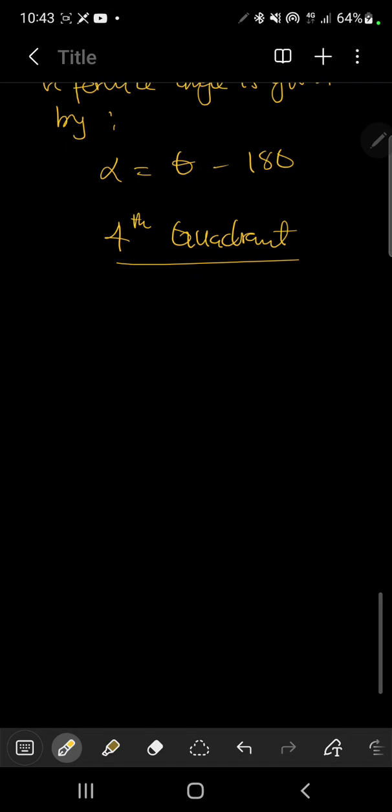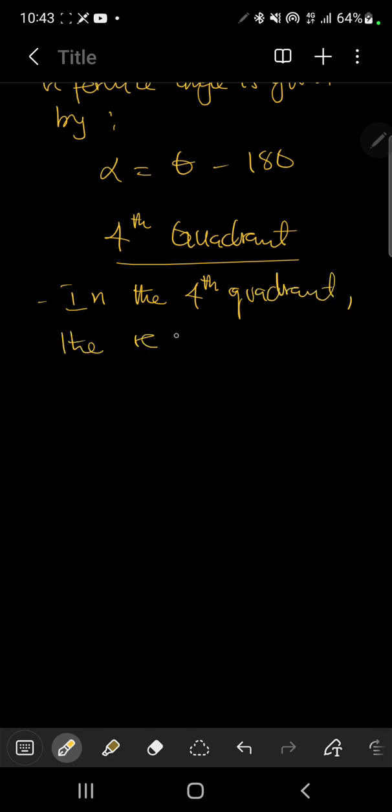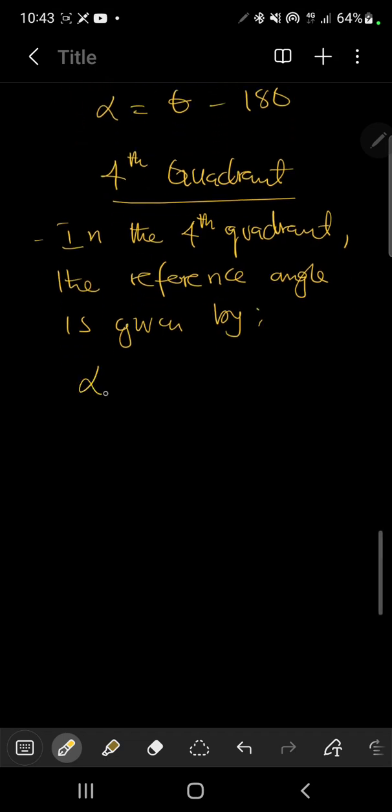In the fourth quadrant, the reference angle is given by alpha is equal to 360 minus what?